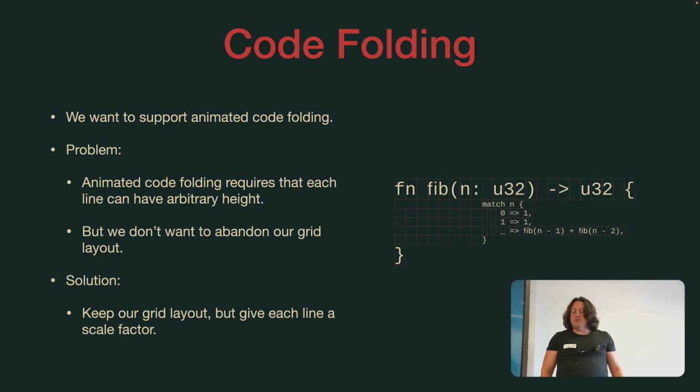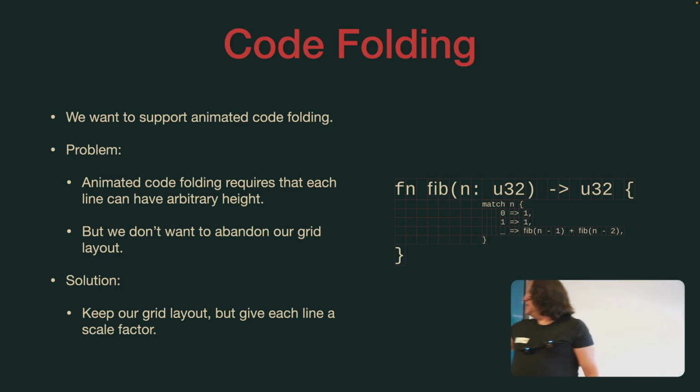So the solution there is we keep our grid layout, but we give each line a scale factor, which you can somewhat see here. The first row is higher than the other rows, and also the columns at the end are smaller. Oh, one thing I forgot to mention. If you look closely, only the columns at the end are folded. The ones at the beginning are not. This is because code folding also needs to respect indentation. So columns do not start folding until after another value called fold column.